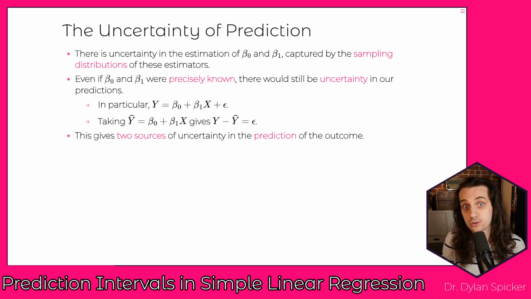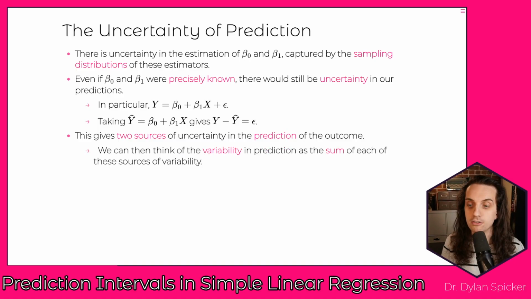And so we have our two sources of uncertainty here. There's the uncertainty that comes from estimation, and then there's the uncertainty that's inherent to the problem of prediction itself. We can think about the total variability as being the sum of each of these sources of variability.